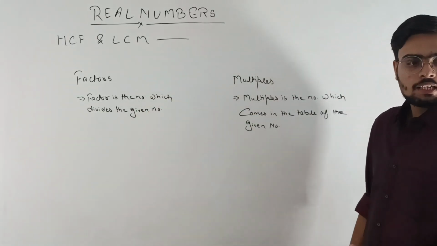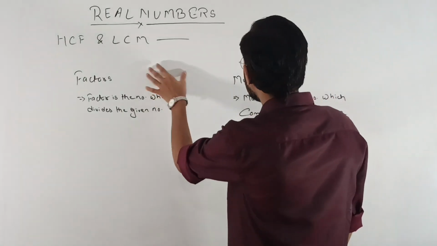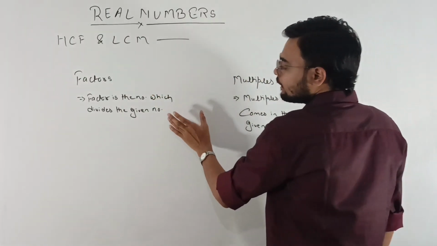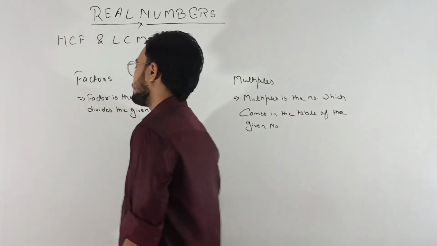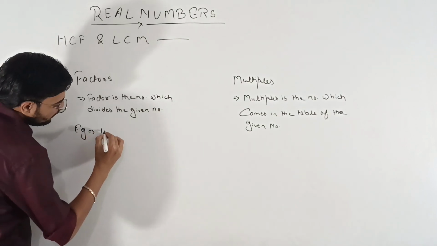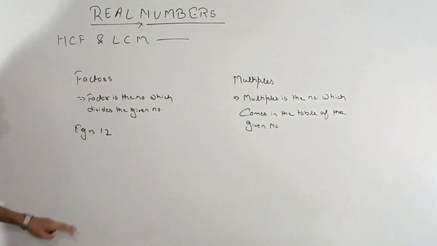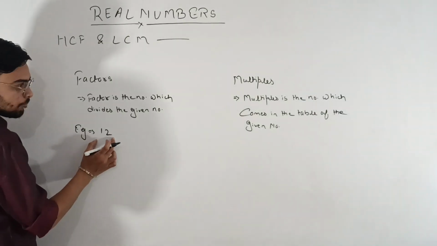But before learning how to find HCF and LCM, we first understand what is factor and what is multiples. So factor is what? Factor is the number which divides the given number. Which means suppose you have one number, that is 12, and you have to write a factor of 12, which means you have to write the number which divides 12.